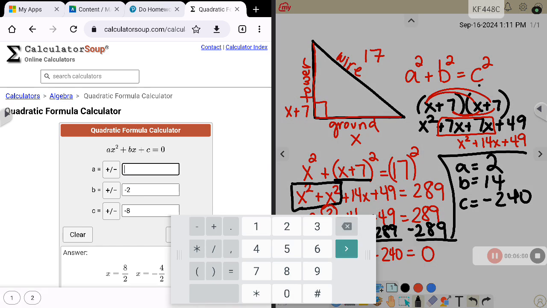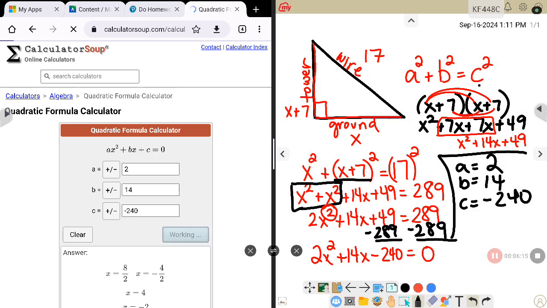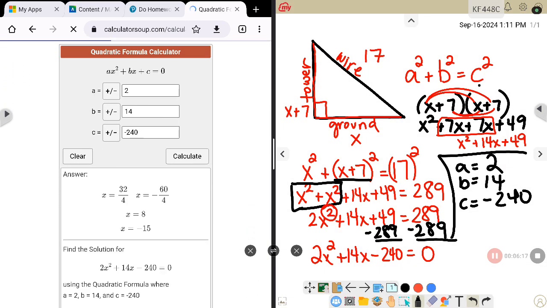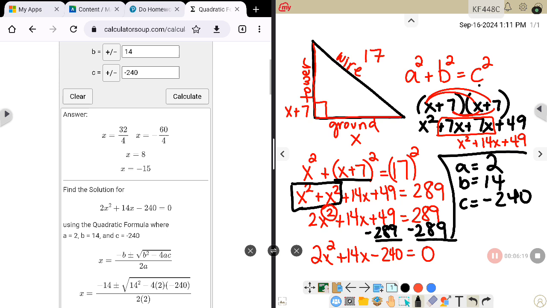A was 2, B was 14, and C was negative 240. And then I'm going to calculate, and let's see what we get. We get 8 and negative 15.